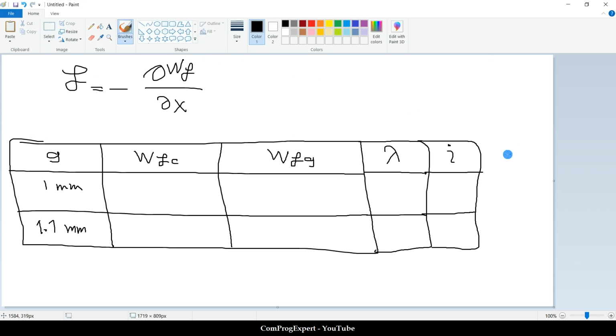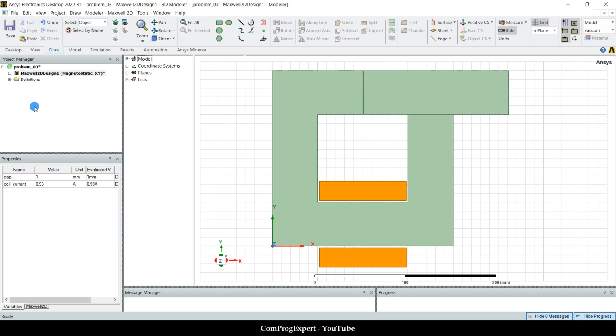So here also we have this F. Let's fill this table, then we can discuss details. This is Fx. This is the first case. Problem 3, set the air gap equal to 1, and this is the value of the current, the default one.